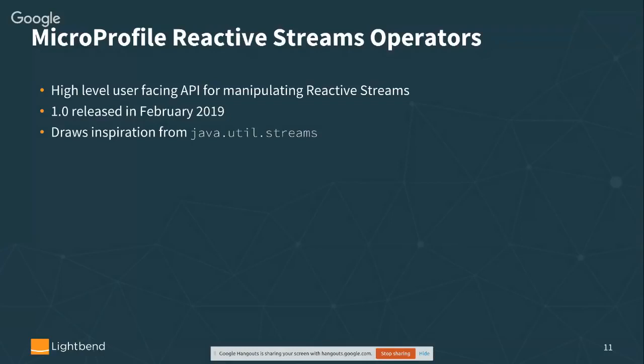I should point out that even though the APIs look similar, the underlying of what you're actually doing is very different. Java util streams is about manipulating collections of things that are usually in memory, or they're calculated somehow on the fly, potentially in parallel.